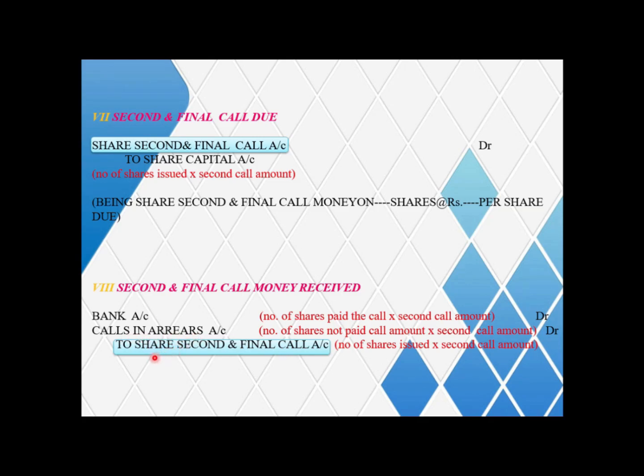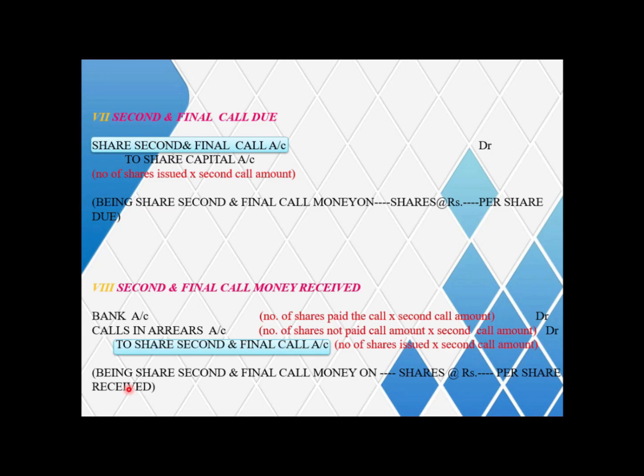That is, from share second and final call amount subtract calls in arrears amount, you will get bank account amount, that is the balancing figure. Narration: being share second and final call money on dash shares at rupees dash per share received.